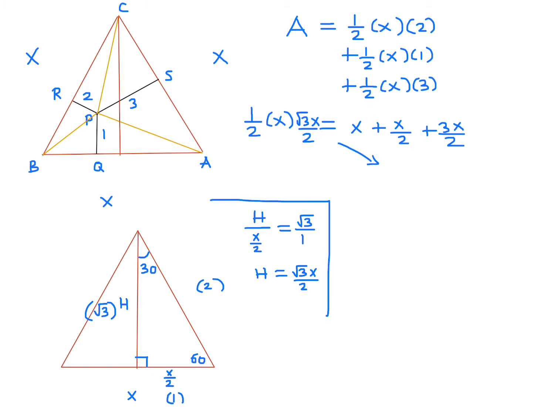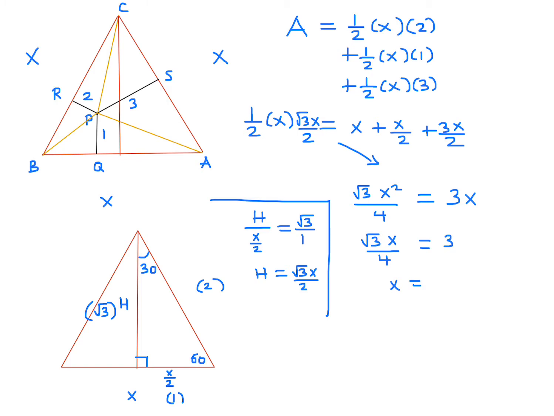This is going to give us our value for x. So the left side looks like root 3x squared over 4. And then the right side looks like 3x over 2 is 1.5 plus half plus 1, 3x. Okay? Divide both sides by x, and you'll get root 3x over 4 is equal to 3.